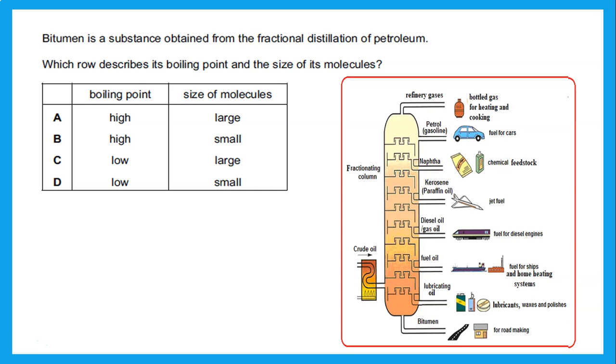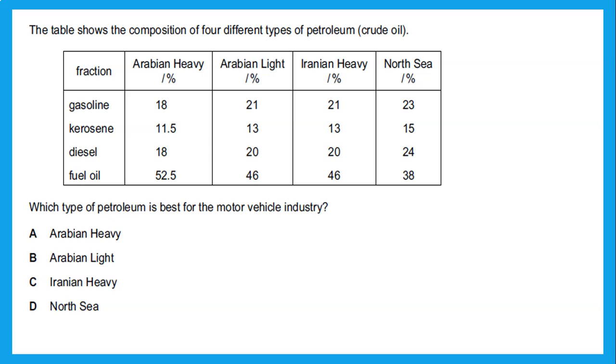Which row describes its boiling point and size of its molecules? Remember we said in the fractionating column, the ones at the top are the ones that have less number of carbons, lower boiling point. So if I'm looking for the one at the bottom, it is the one that has high boiling point and large size of molecules, many number of carbons.